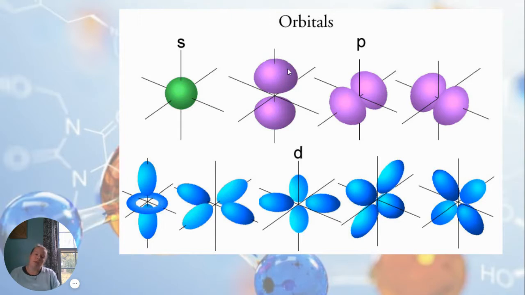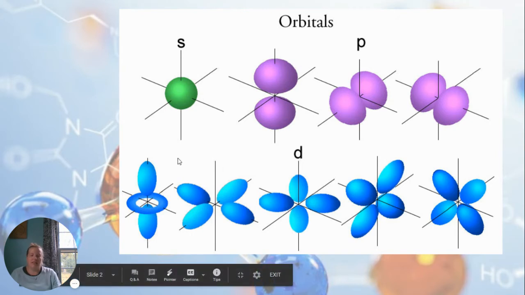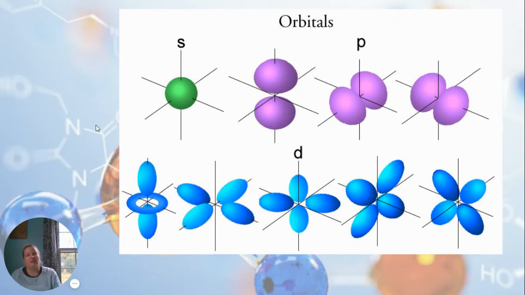The p orbitals have a dumbbell shape, with a dumbbell on the y-axis, the x-axis, and the z-axis. And then the d orbitals look like this. There are 5 different versions, and then the f's are even bigger than that, and there are 7 versions of those. We've talked a little bit about how an electron pair that's shared between two things is what forms a bond.